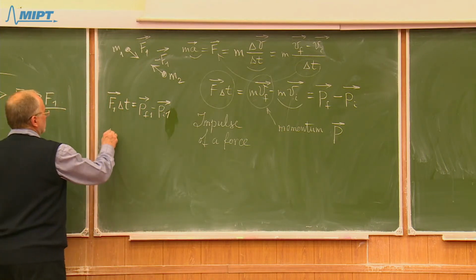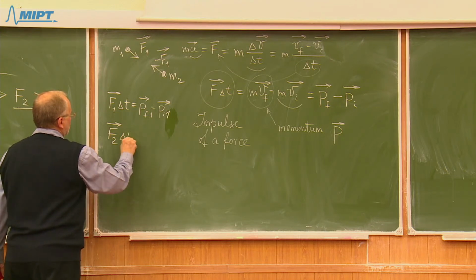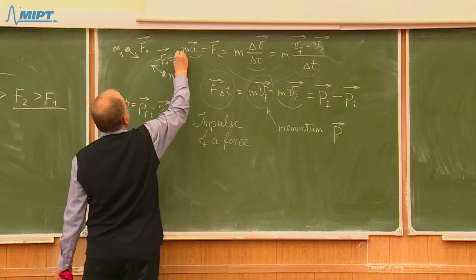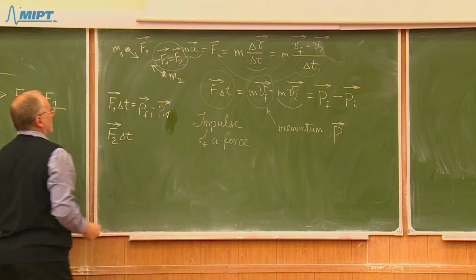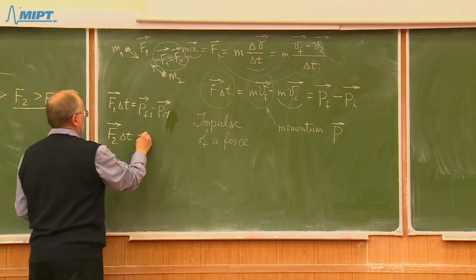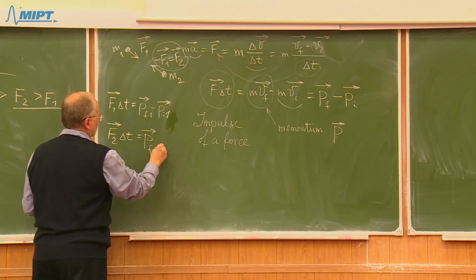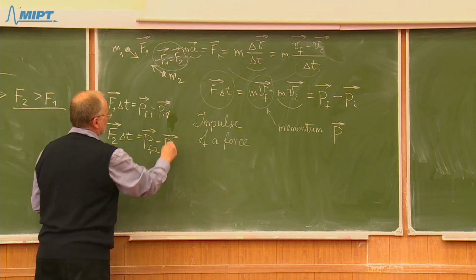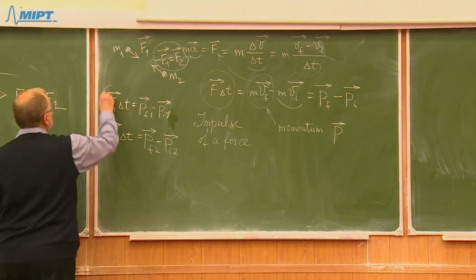And the same consideration is true for the second particle. The force F2 acting on the second particle times delta t will be equal to the final momentum of the second particle minus initial momentum of the second particle. All this is just a consequence of the second Newton's law.